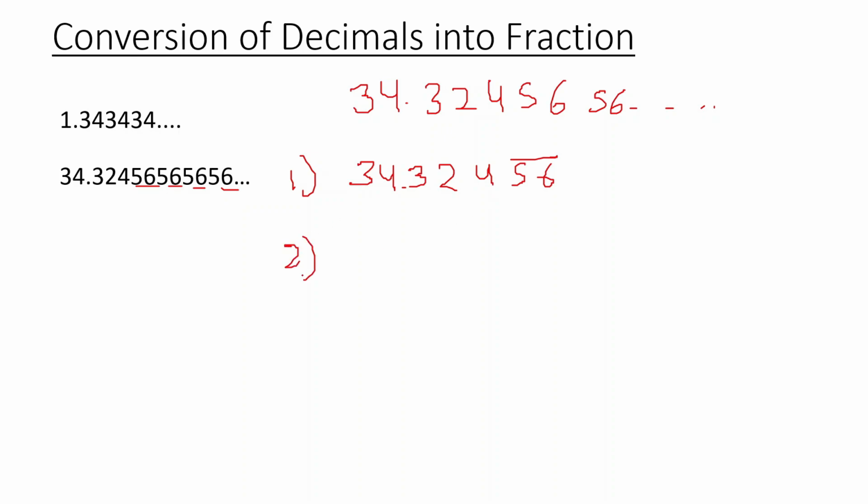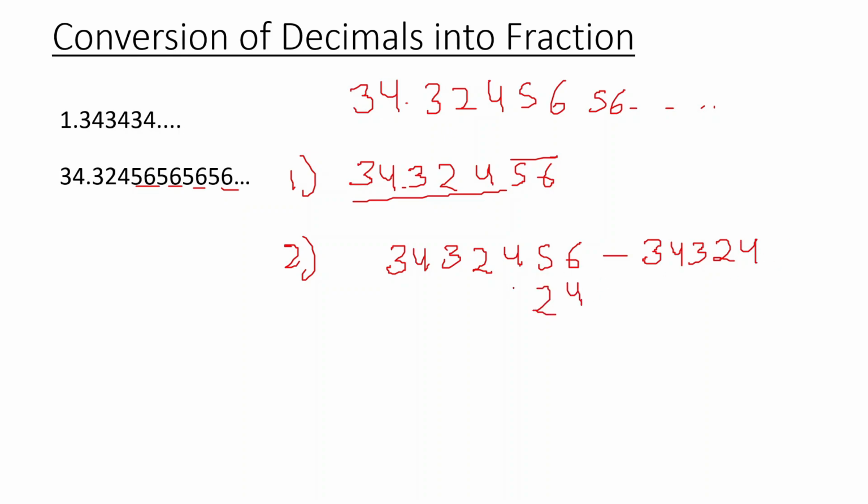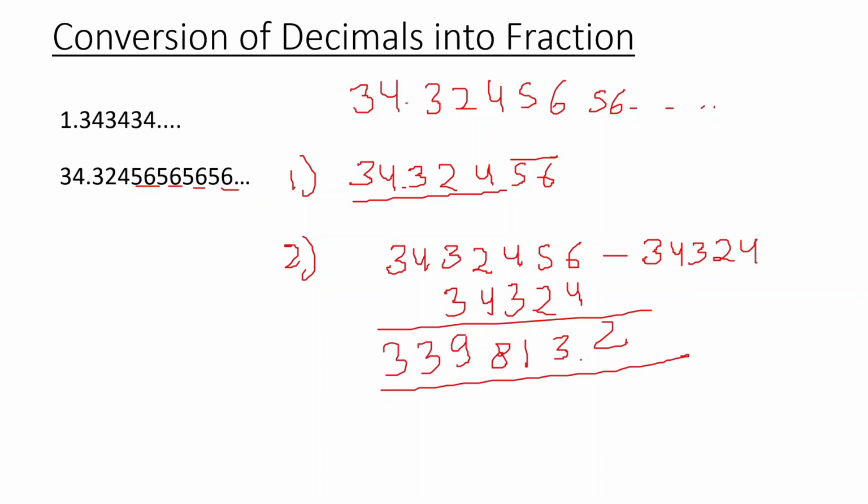Second step, I will remove the decimal part and subtract the non-repeating part. The non-repeating part is this one. 34, 32, 456 minus 34, 324. This will become our numerator part. So let's just subtract this thing. I hope I am doing it right. So this is the numerator part.